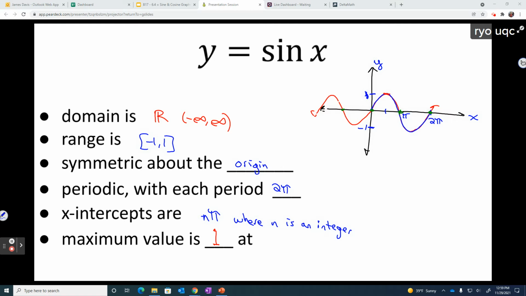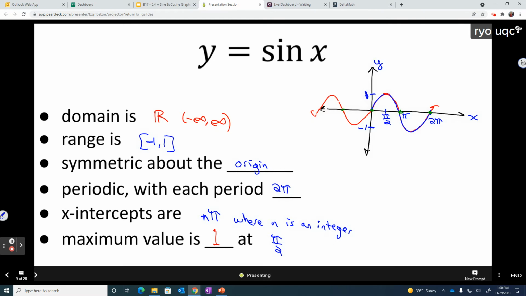If you think about the unit circle, where is the y coordinate 1? Pi over 2, right? In the unit circle, the y is 1. This is just like the unit circle, with all the y values plotted. So the maximum is at pi over 2.